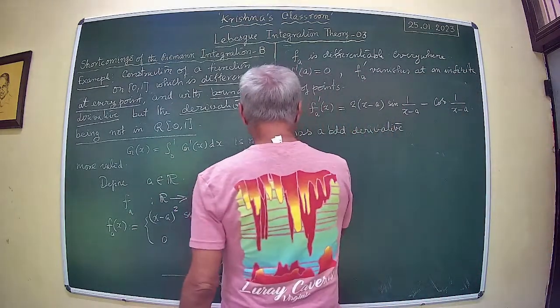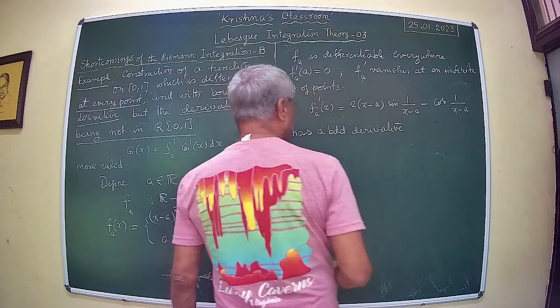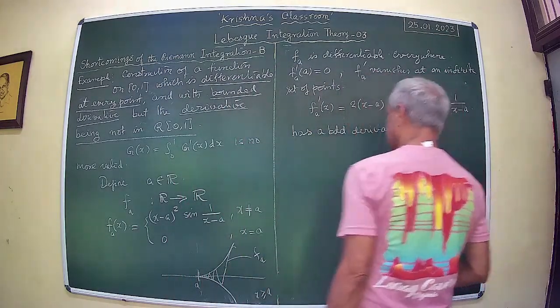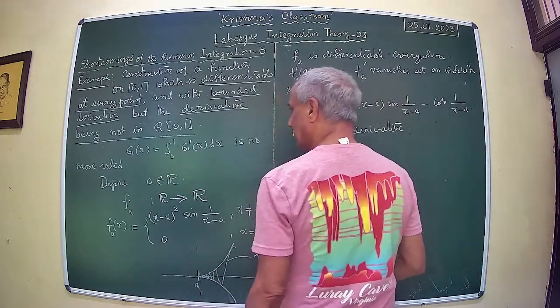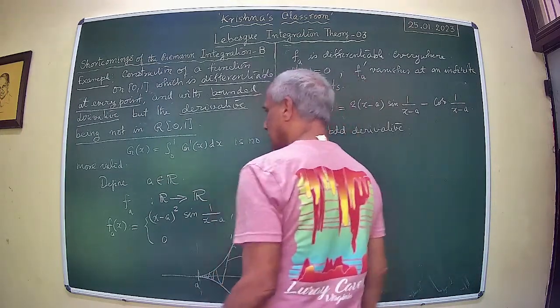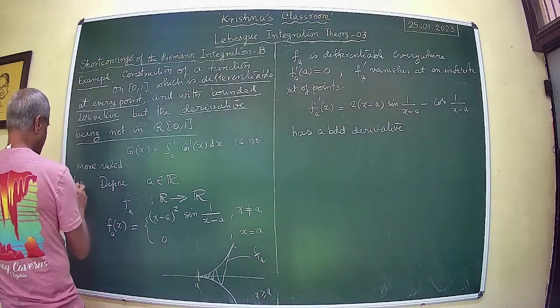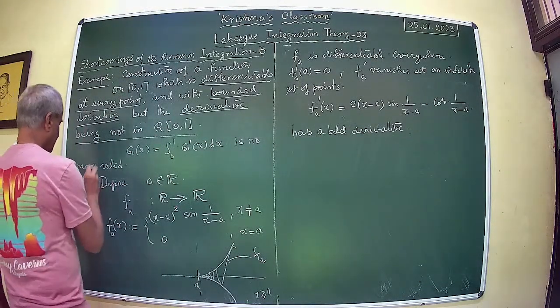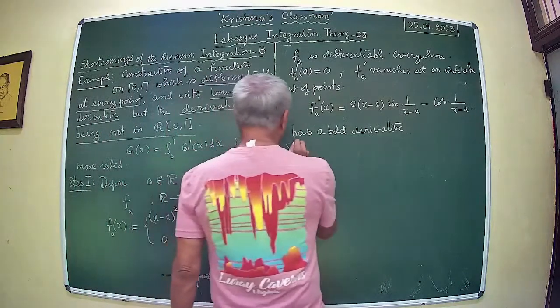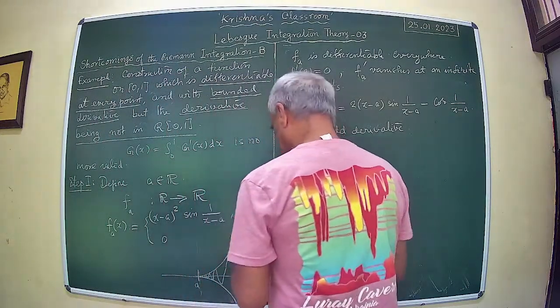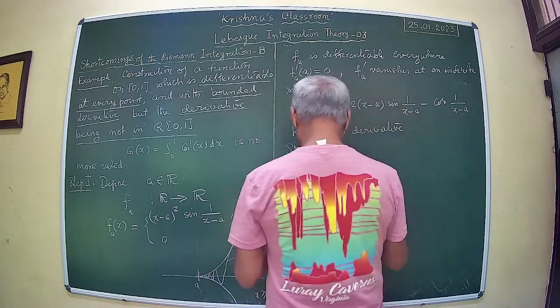Now what we do is, in fact, the art of constructing such a function is this. From this we construct a new function. So this is step 1. In step 2 we construct a function defined as follows.